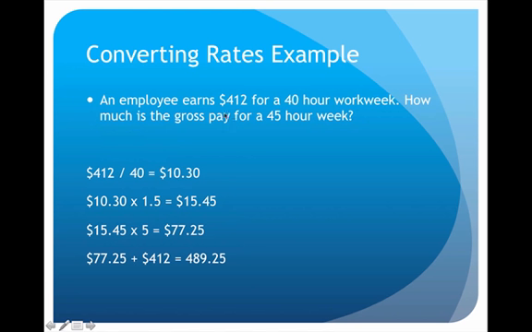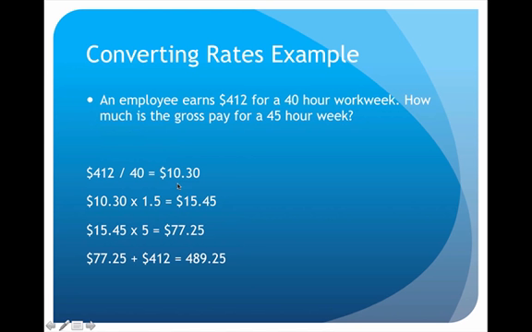So the extra step is to take this $412, that information was given to me, and divide that by 40. Because it says they normally earn $412 for a 40-hour work week. So if I do that conversion, that tells me that their hourly wage is actually $10.30 per hour.